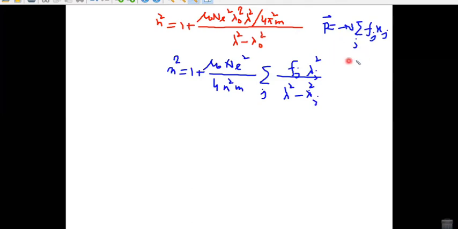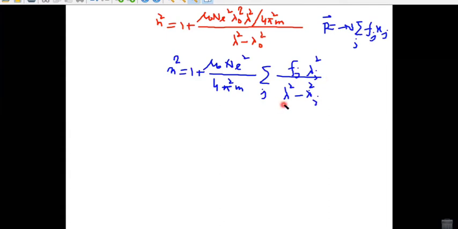So the polarization is this, and if we substitute this polarization value, where Xj is the displacement of the jth type of electron, and Fj is the fraction of that type in the total electrons available per unit volume N. So proceeding as earlier, this would lead to the general Sellmeier type equation, which is n square equals 1 plus mu naught n square over 4 pi square m, summation over j Fj lambda j square over lambda square minus lambda j square.